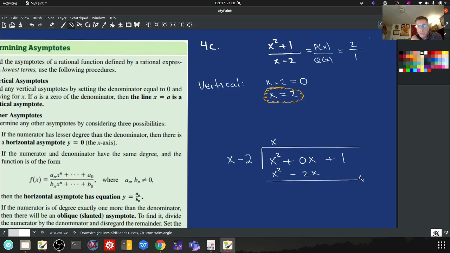So what do we do? We change the signs. That becomes minus, that becomes plus, and we add. And I get 0 plus 2x. And of course, this is always just 0 plus 1. So 2x divided by x is 2. So that's plus 2.